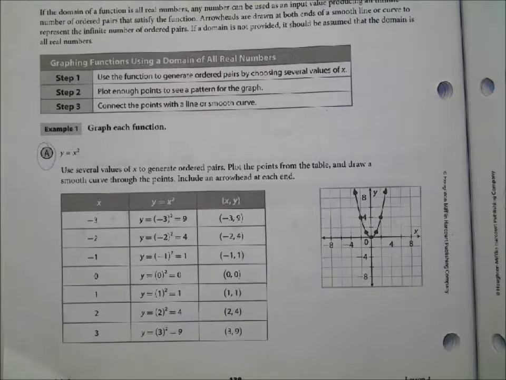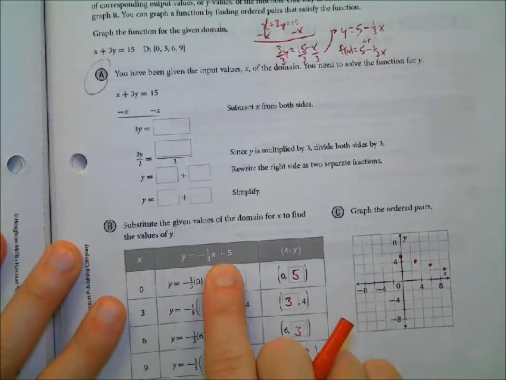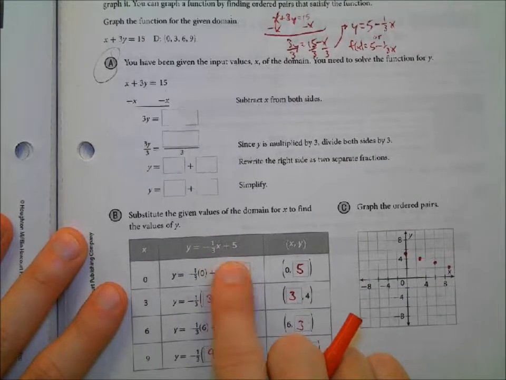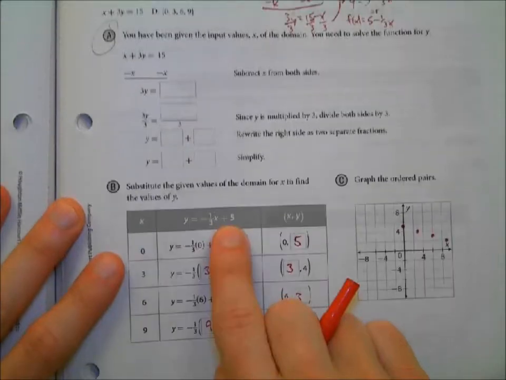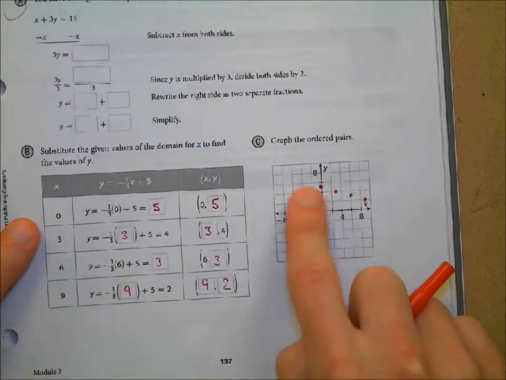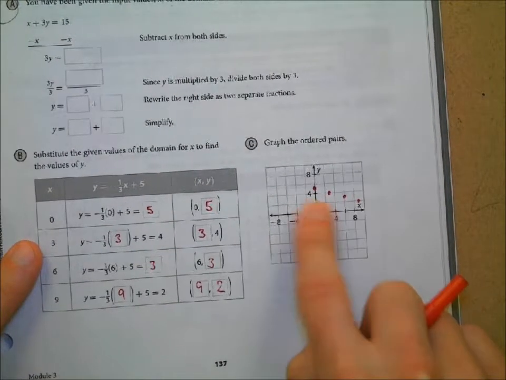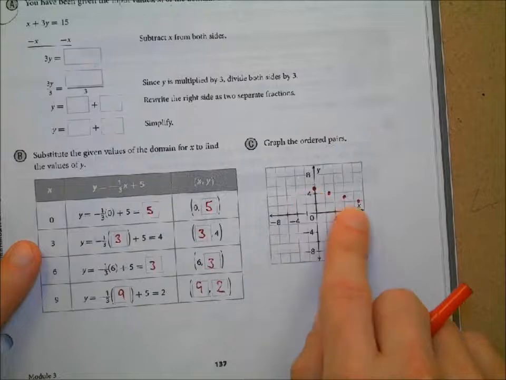Right. And the last problem, our function was this. Were we squaring something in this function? No. And what kind of shape would we have here if we connected the dots? A line.